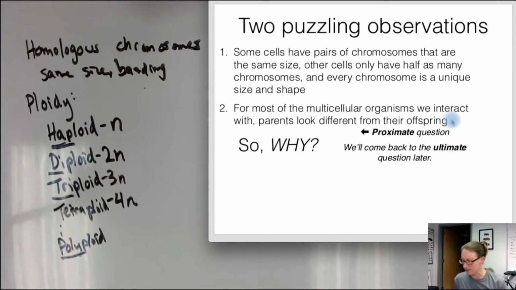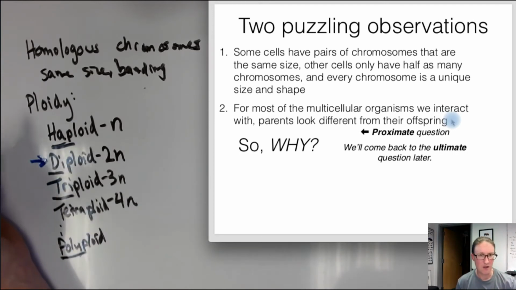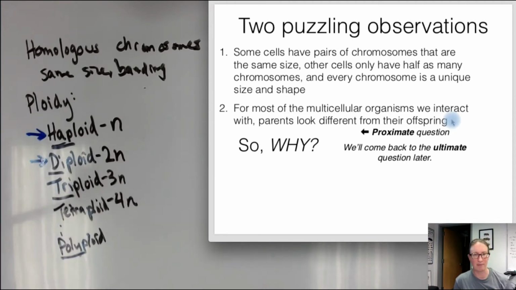Okay, so we've got these 2 puzzling observations about pairs of chromosomes in most cells, but then others that only have half as many chromosomes. So what I'm saying here is, in the majority of cases, organisms are diploid, but there are some cases where we can find cells that are haploid.